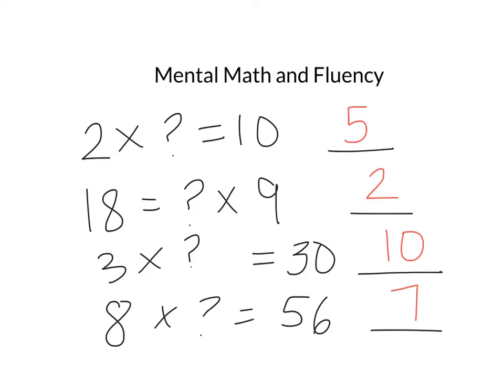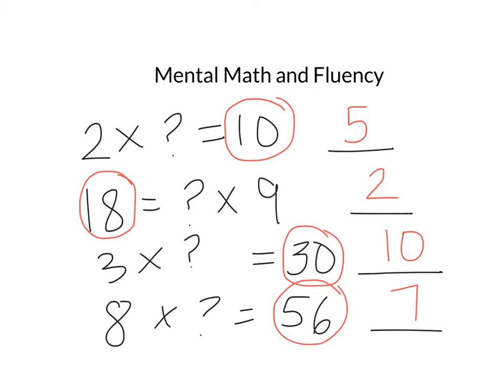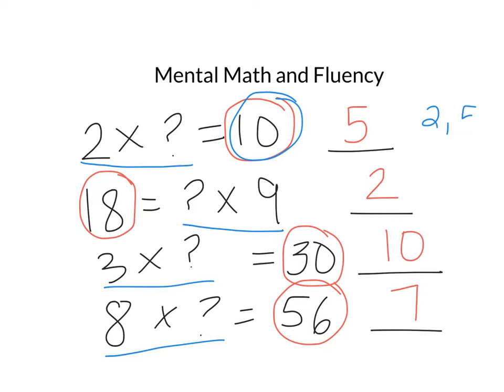And so I want to review that these numbers that I'm circling right here are the answer to the multiplication problem. That's what we call a product. The factors are these numbers, the numbers that we're multiplying together to get that product. So the factors of 10 here would be 2 and 5.